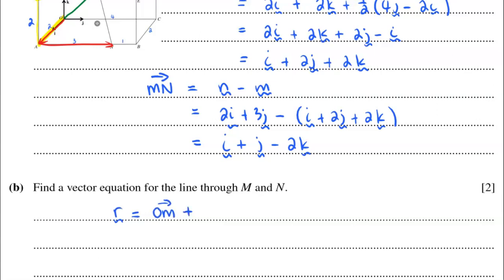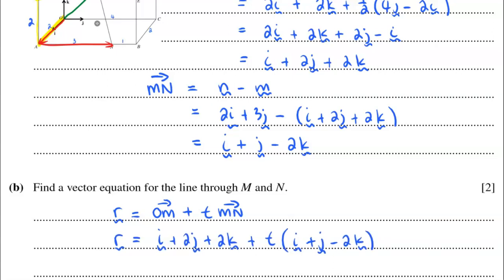OM plus some variable multiplied by MN. We know those two. So the vector equation, which means the vector r, is equal to OM, which is i plus 2j plus 2k plus any real number multiplied by MN, which is i plus j minus 2k.